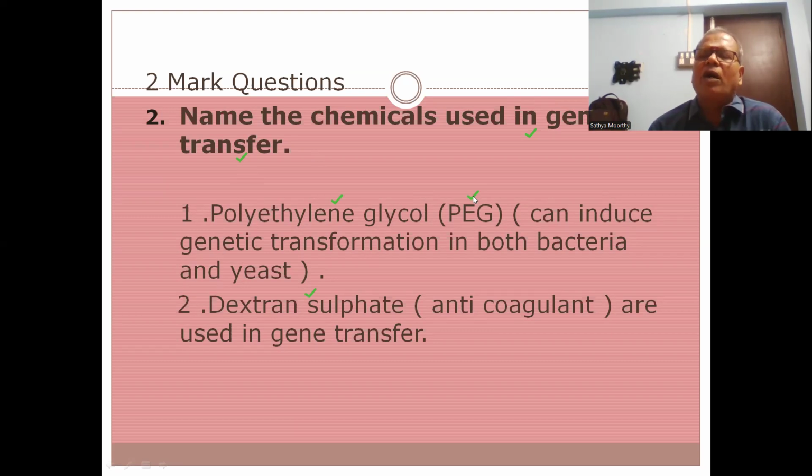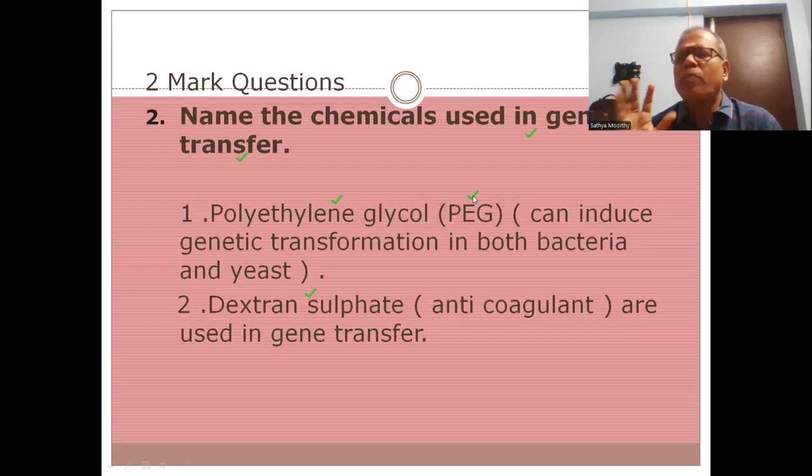Polyethylene glycol is also used as a fusogenic agent at the time of protoplasmic fusion. Protoplasmic fusion is fusing the protoplasts of 2 similar species, or 2 different species, or 2 different genera to produce a hybrid cell.